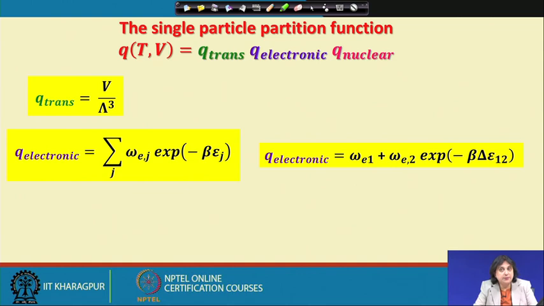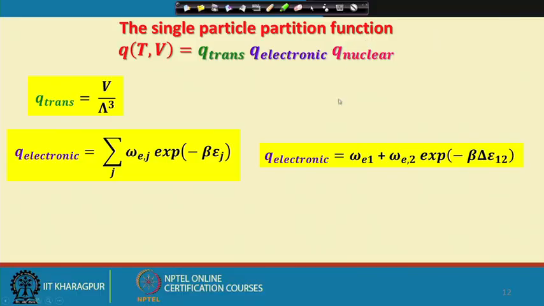But at normal room temperature, you know the values of kT in electron volt, we have already seen that. Given that the difference in energy values is a few electron volts for the electronic energy states, at finite temperatures maybe only the first two terms will be important and give you the value of q electronic.